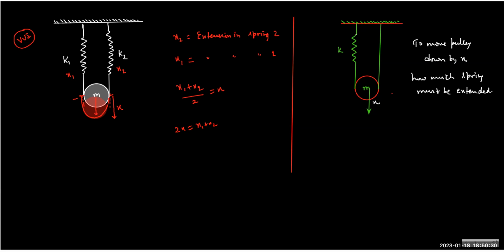So the string is actually passing over the pulley. This string is going this way, which I haven't shown. It is the same string, right? Do you realize this? It is the same string which is passing over the pulley and going to the other side. So it is not something new.